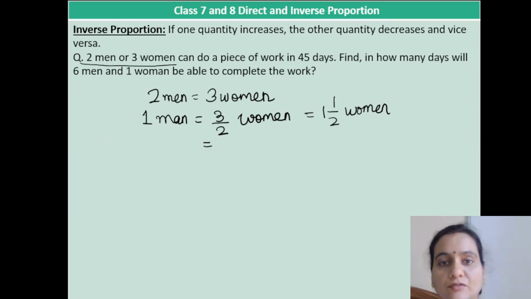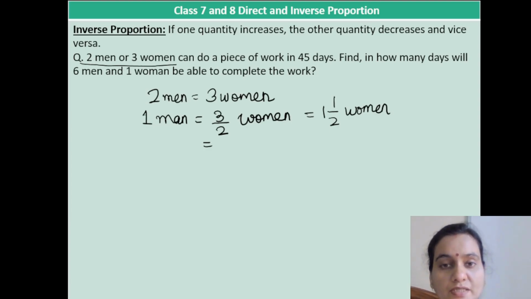Now, this is the kind of question where many children get confused. So, please pay attention to how I am solving this, because these questions confuse the children, because we are not talking about workers here. We are talking about men and women, their capacity separately.